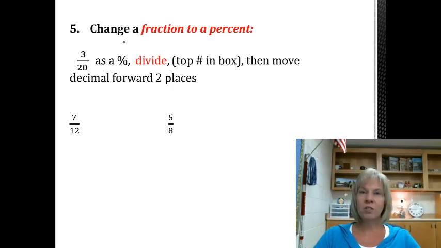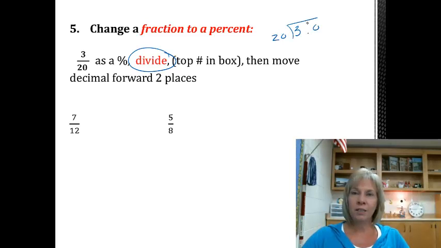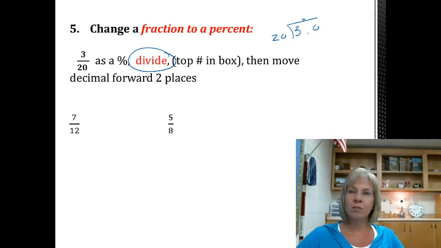And this last one, number 5, changing a fraction to a percent. This one requires a little more work, probably the most work of any of them. To do this, we have to divide our fractions. So 3/20ths, we would divide 3 by 20 and start working that out. 20 goes into 30 one time and 10, bring down a 0, 20 goes in there 5 times and stops.